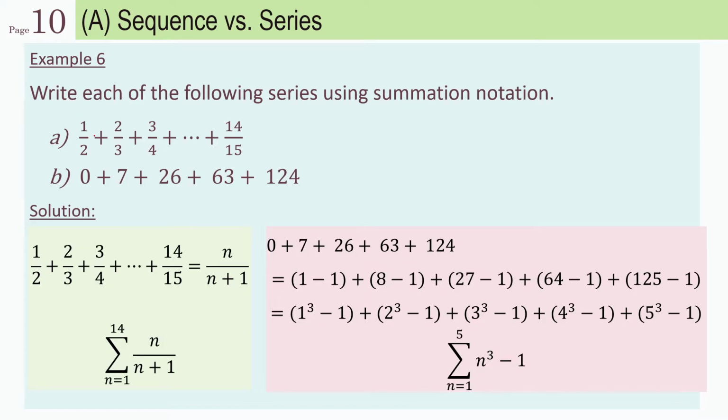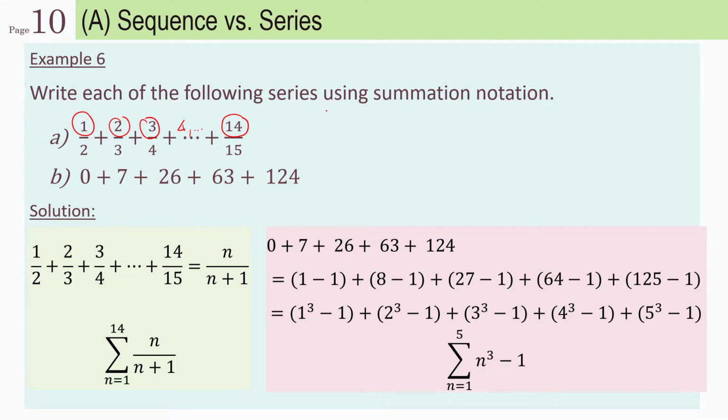This one, if you think of it as 1/2, 2/3, 3/4, you will be a little bit clueless how this pattern is formed. But if you separate the fraction into numerator and denominator, the numerator is 1, 2, 3, so you can recognize the next one is 4, and so on, and the last one will be 14.